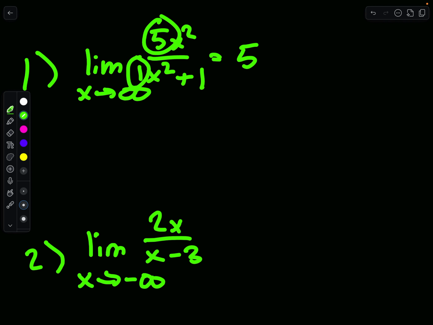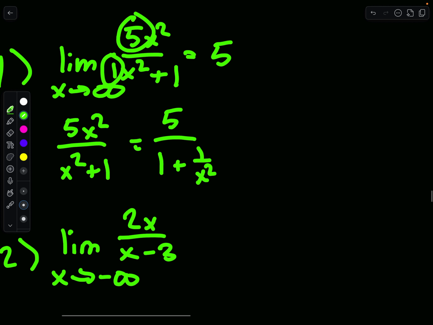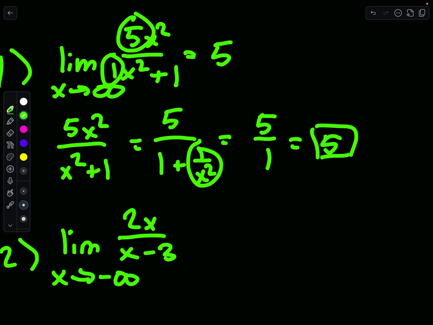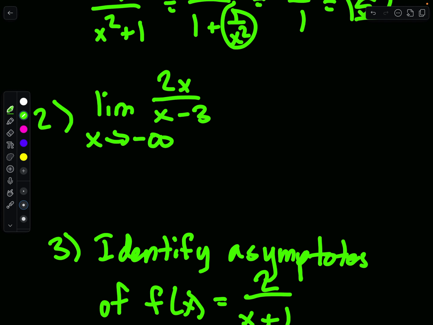Now, another way of doing it, 5x squared over x squared plus 1 equals 5 over 1 plus 1 over x squared. This goes to 0 as x gets bigger and bigger, leaving you with 5 over 1 equals 5, which is the same.